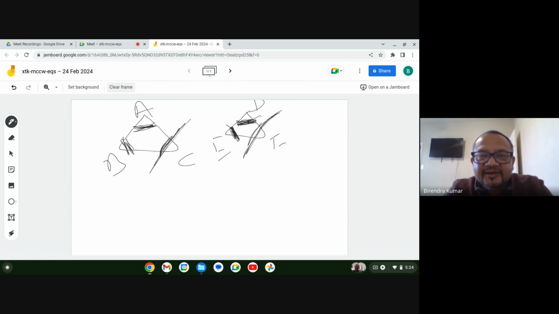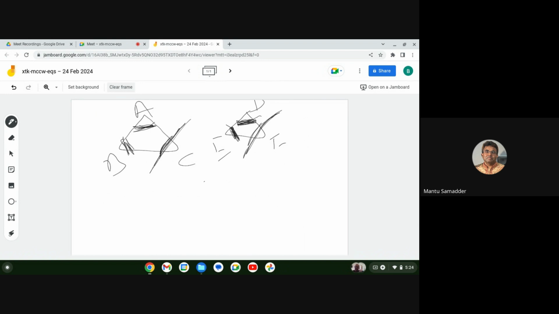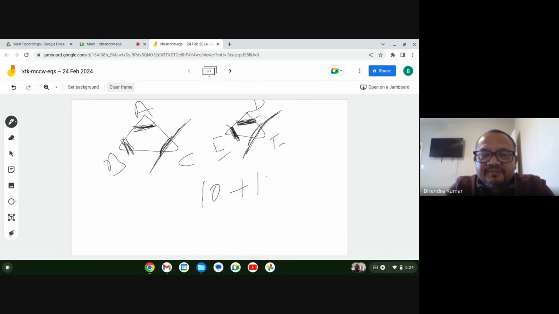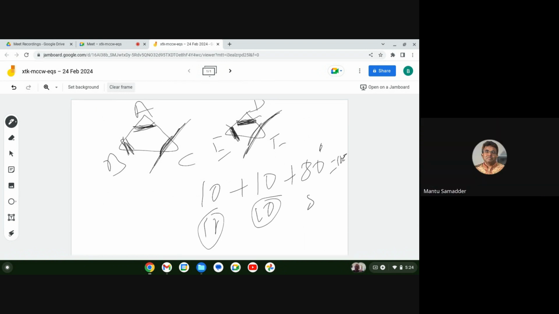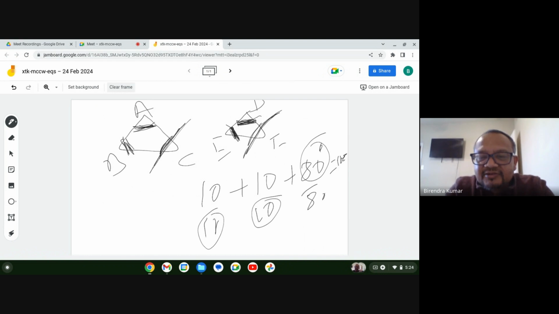So it's like this: 10 plus 10 plus 80 is 100, let's say. Now this 10 and this 10 have matched. So this 80 and this 80 also has to match, right? Yeah, if the sum is same.